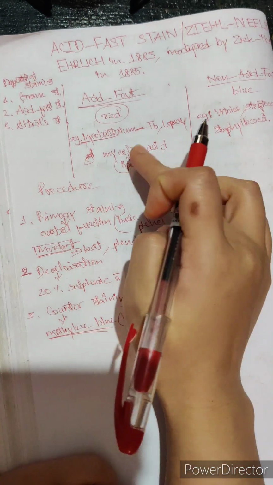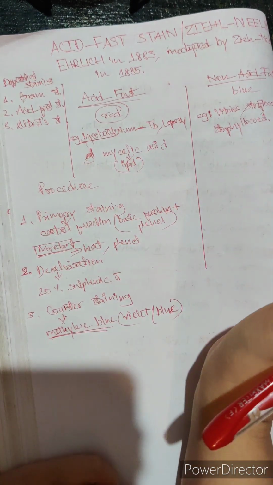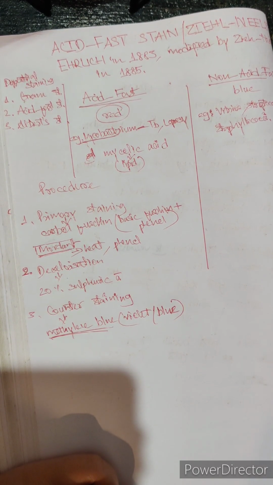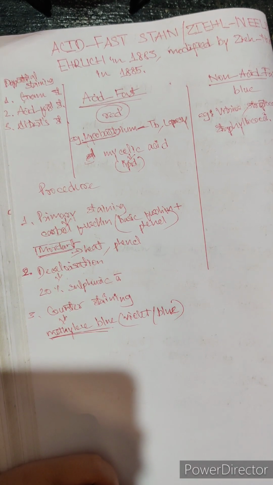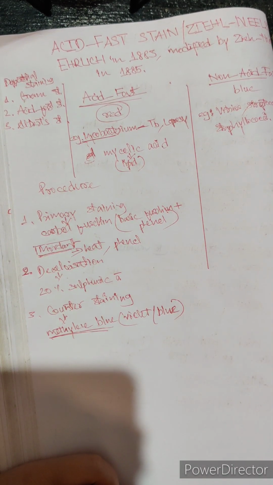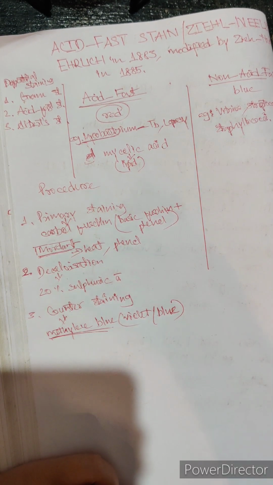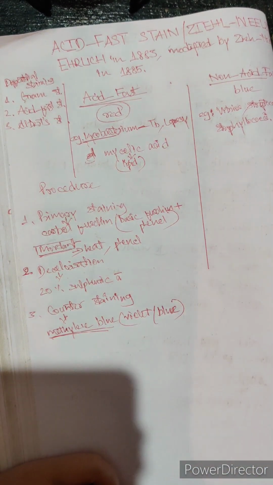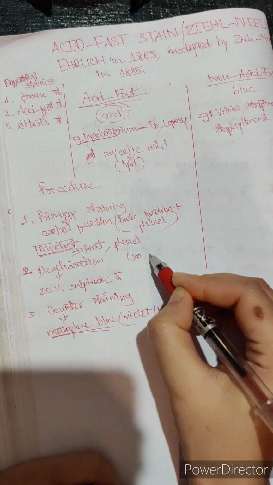So what mycolic acid does is they are impermeable, which means that during decolorization, after the pouring of your sulfuric acid, they don't let the color of your carbol fuchsin fade away. So during counter staining, because it is already colored, it is not decolorized. Here no decolorization happens.